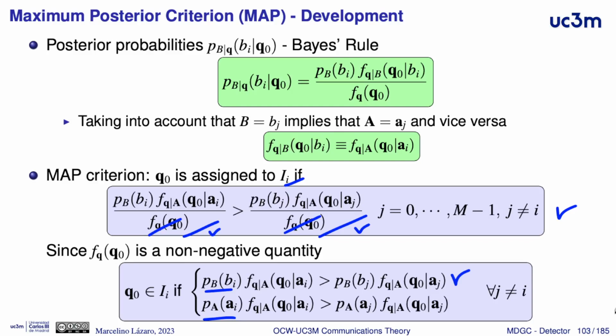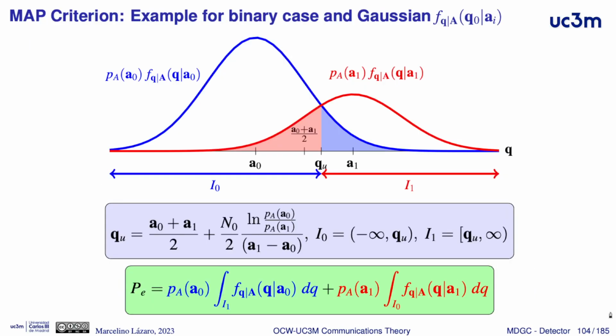In this comparison, we are comparing the probability of every symbol times the conditional distribution of the observation given the transmission of this symbol. Usually, the conditional distribution of the observation given a transmitted symbol is a Gaussian whose mean is the transmitted symbol and the variance is N0 halves in any direction of the signal space.